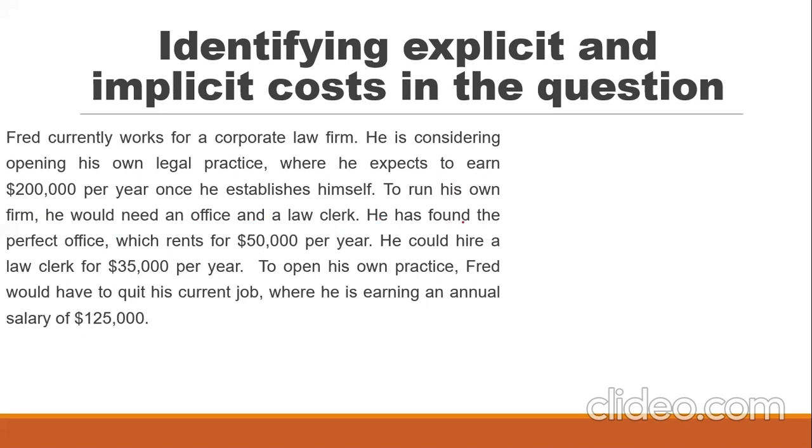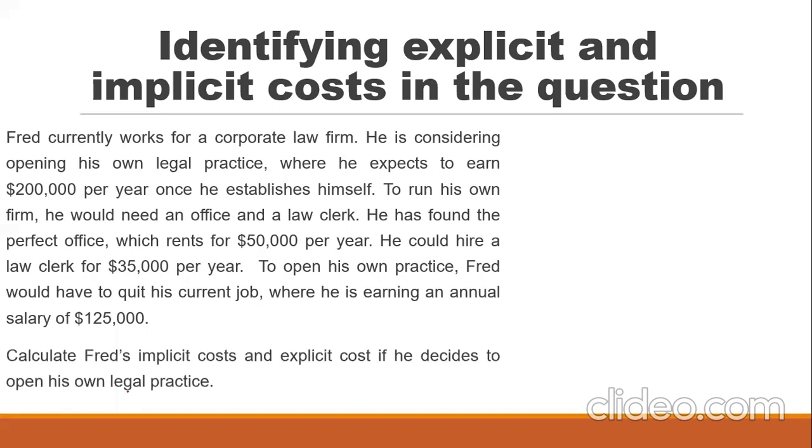He has found the perfect office which rents for 50,000 per year. He could hire a law clerk for 35,000 per year. And to open his own practice, Fred would have to quit his current job, where he is earning an annual salary of 125,000. Now, calculate Fred's implicit cost and explicit cost if he decides to open his own legal practice.